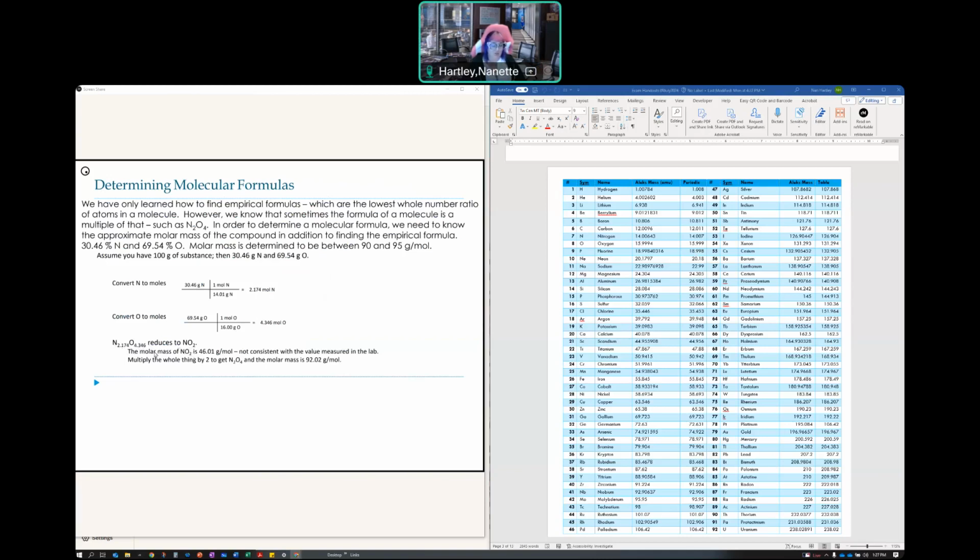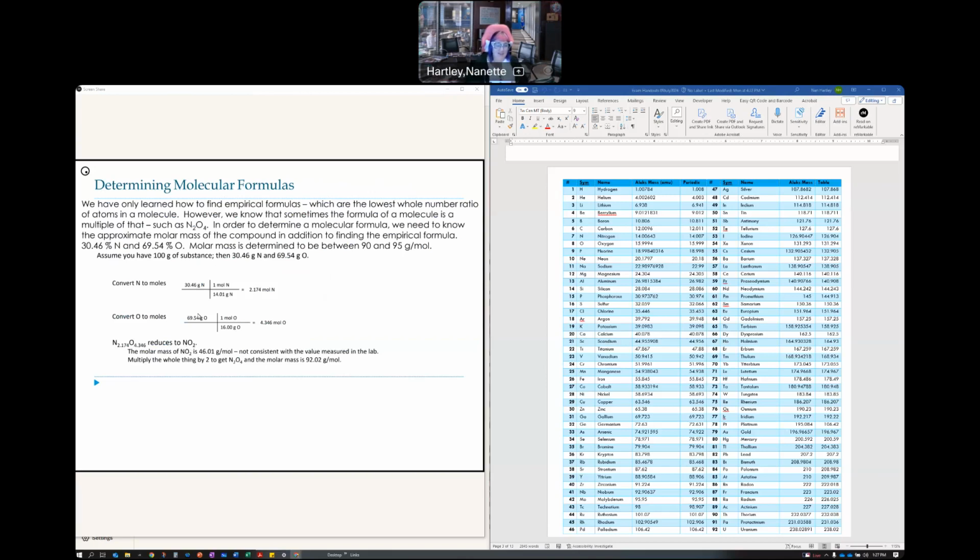Now the mass of the NO2, so nitrogen 14.01 plus 2 times 16, because we're using 16 instead of 15.999, gives me 46.01. And 46.01 is not somewhere between 90 and 95. So I know that that empirical formula is not the correct formula for the thing that I'm looking at, okay?